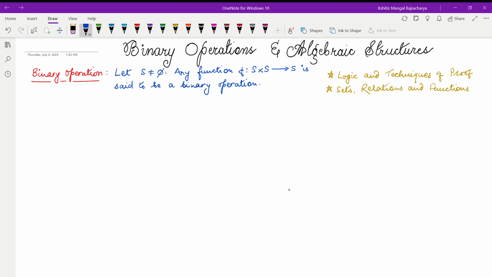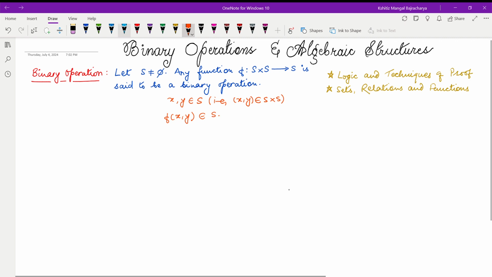And by the definition of a function, it's obvious that if we have any two x and y belonging to S, which means the ordered pair (x, y) belongs to S cross S, we're going to have f of (x, y) in S. So if we take any two elements from the set S, we're just specifying that S is a non-empty set.